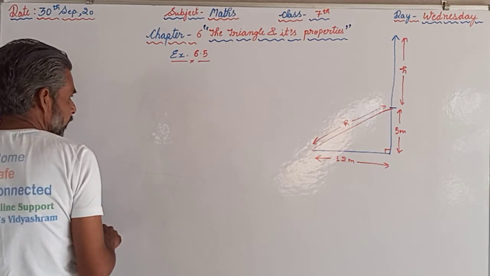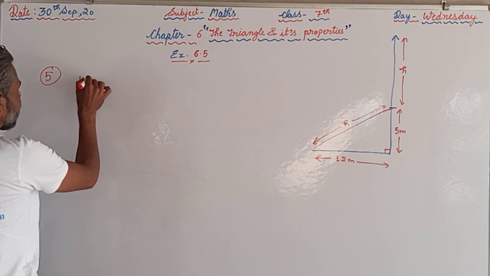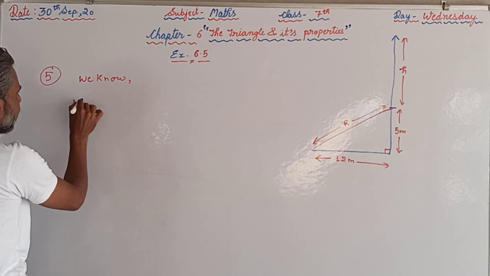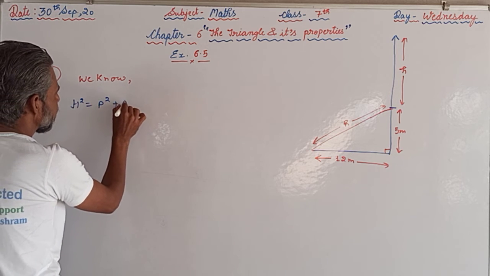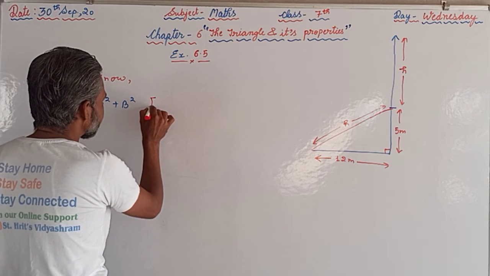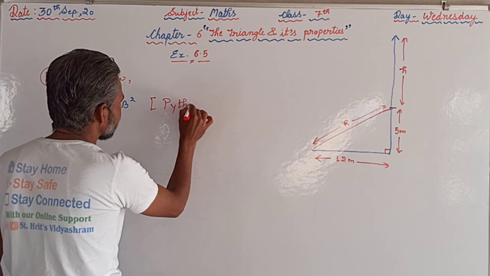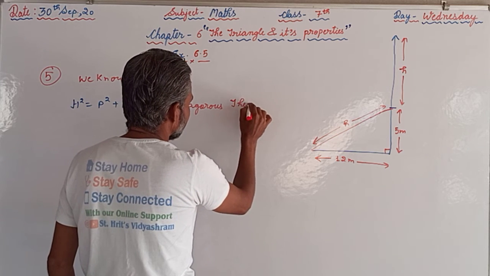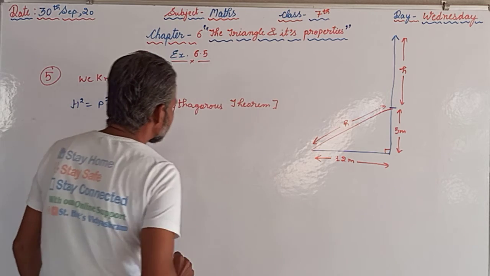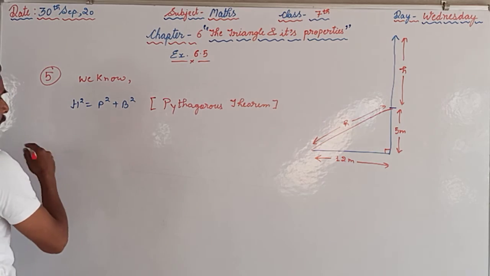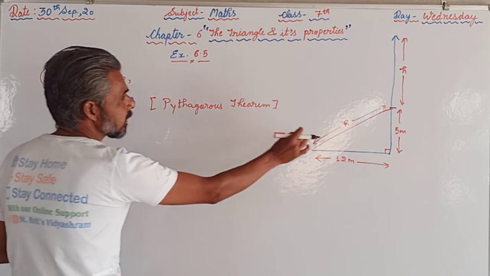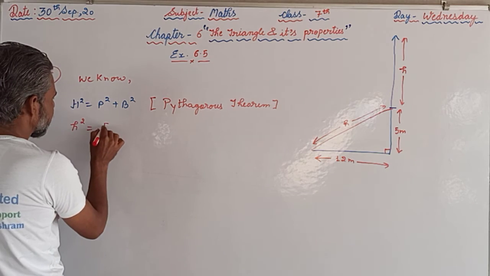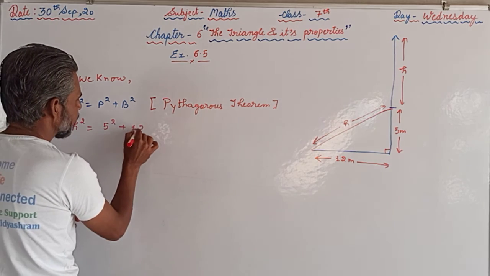So from here we can write that h square is equal to p square plus b square, that is the Pythagoras theorem. From here we are supposed to find out h square. In this case the hypotenuse is h, means h square is equal to p square plus b square, 5 square plus 12 square.